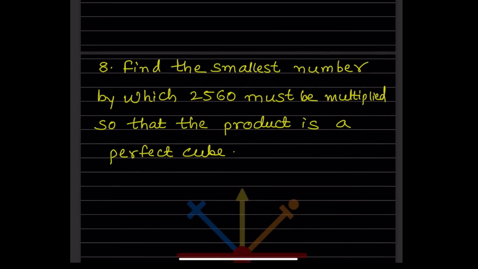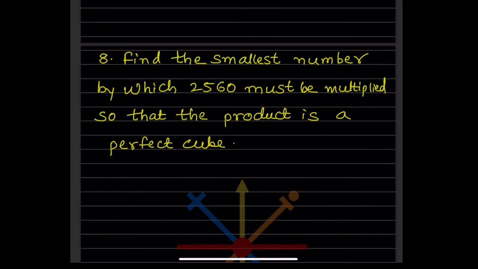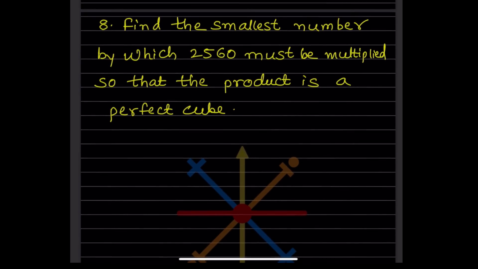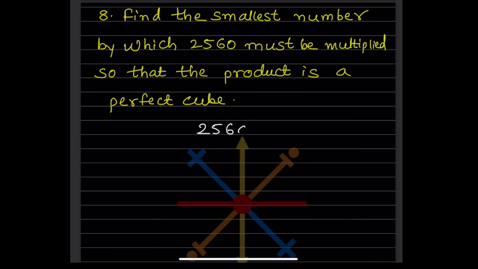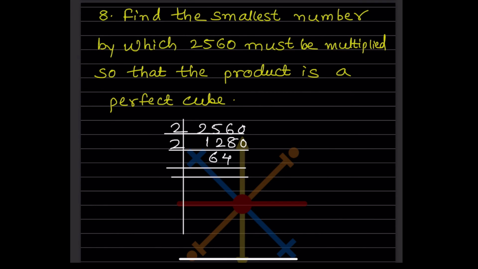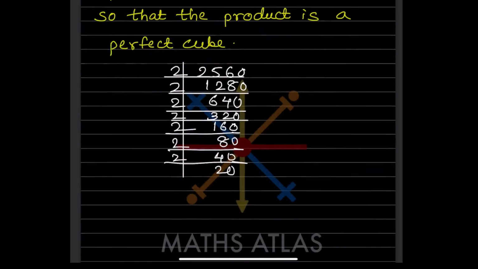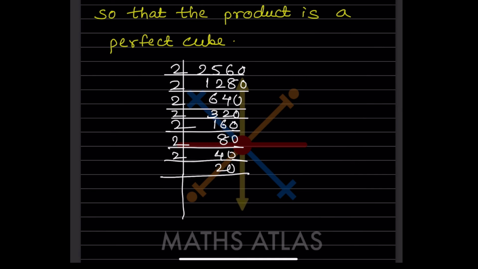So the next one, find the smallest number by which 2560 must be multiplied so that the product is a perfect cube. Again, now we'll take the factors of 2560. So here this goes with 2. Again this goes with 2, again 2, again 2, again 2.